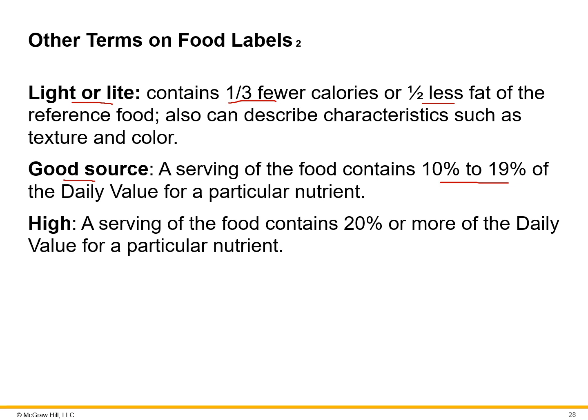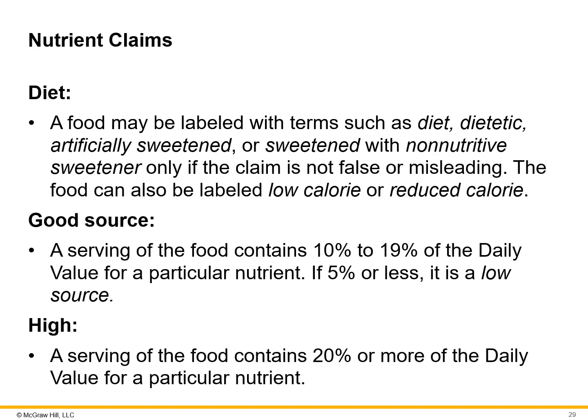Like if an orange juice has 15% of the daily value in a serving, it could say it's a good source of vitamin C. And if something says it is high, it means that it has at least 20% or more of the daily value for that.